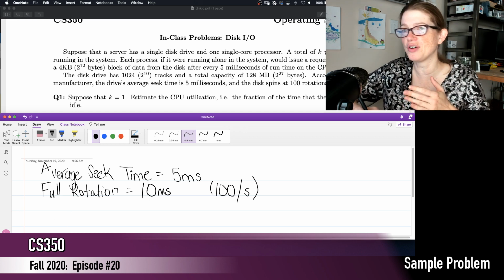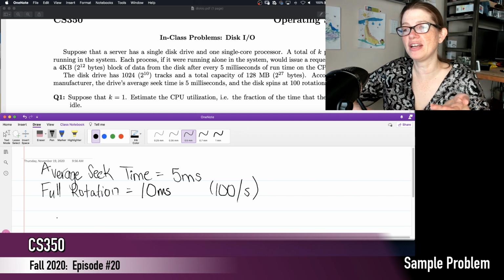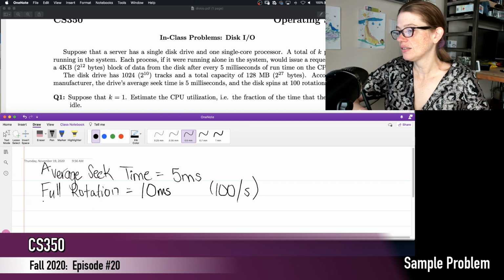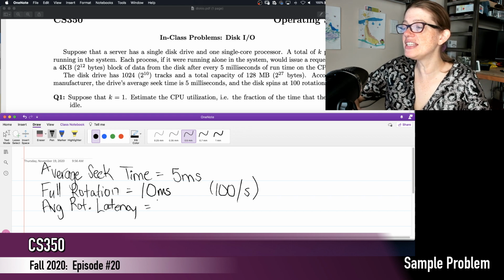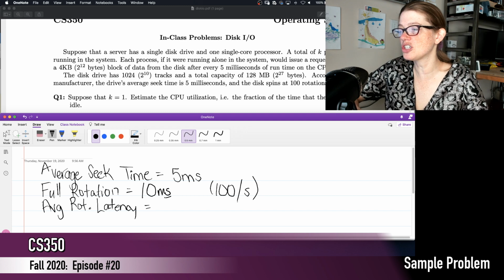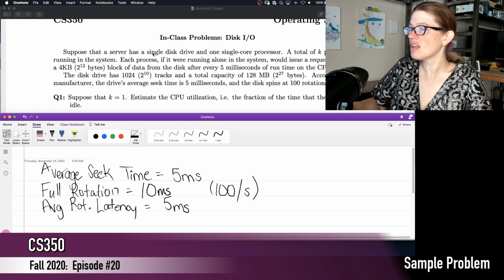We need the average rotational latency. And remember, we're going to just take this and divide it by 2. So the average rotational latency is going to be 10 milliseconds over 2, which is going to give us 5 milliseconds. Okay. It's not too bad.